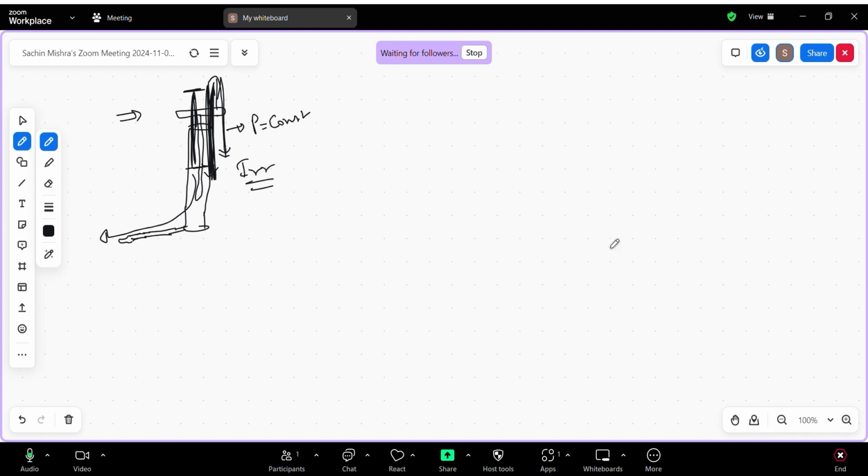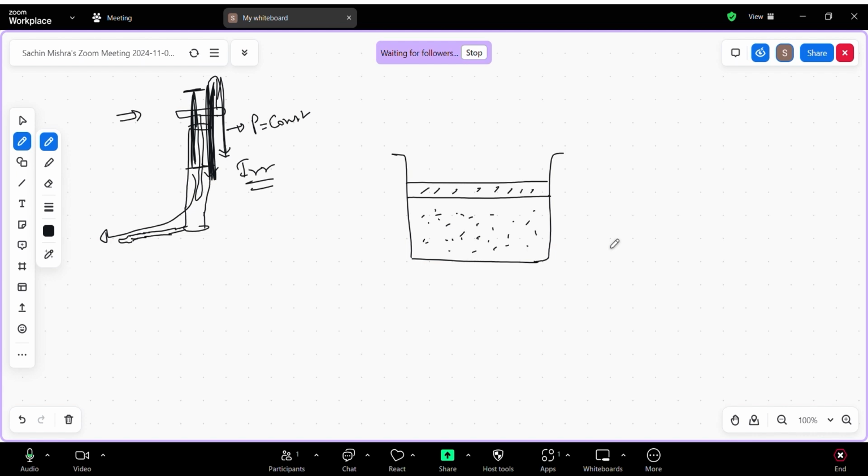For a reversible process, I'm going to give you one best example. Listen, assume we have a container and in this container we put a piston with some gas. Assume the piston is frictionless, an ideal situation. If I don't apply any external pressure, what will happen?